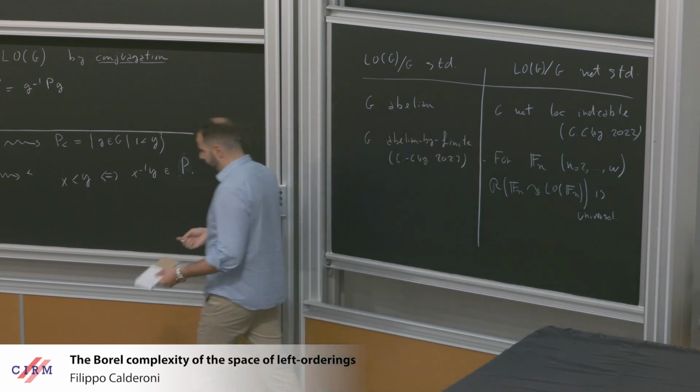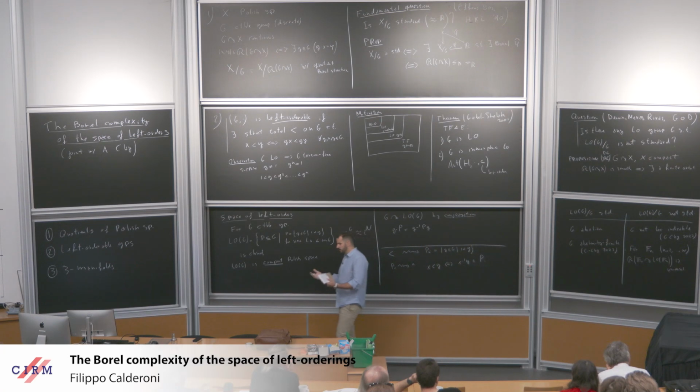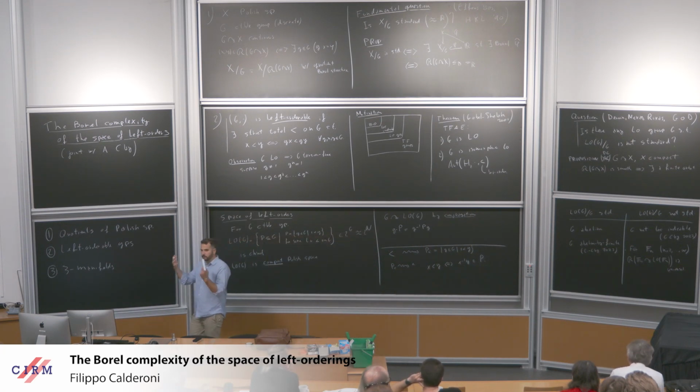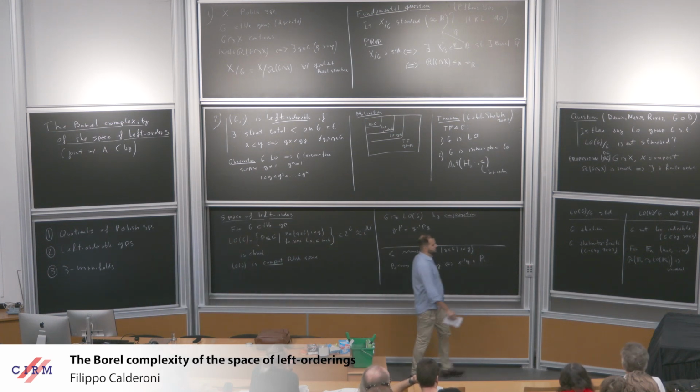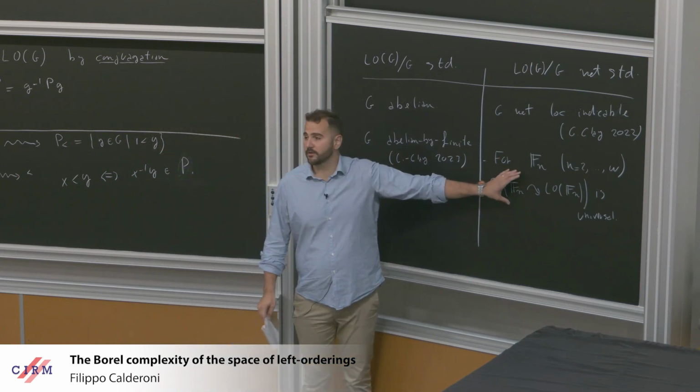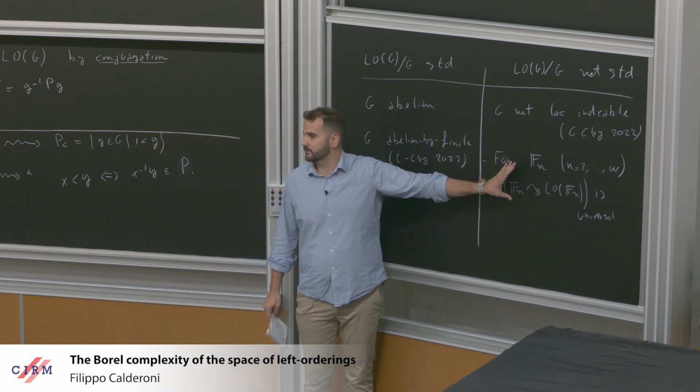So being universal means being maximal among all countable Borel equivalence relations up to Borel reducibility. So actually for this class of groups, the quotient space is as far as possible from being standard.